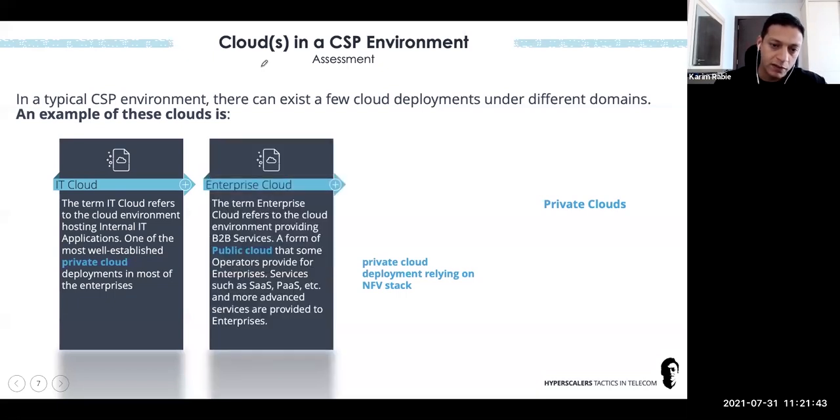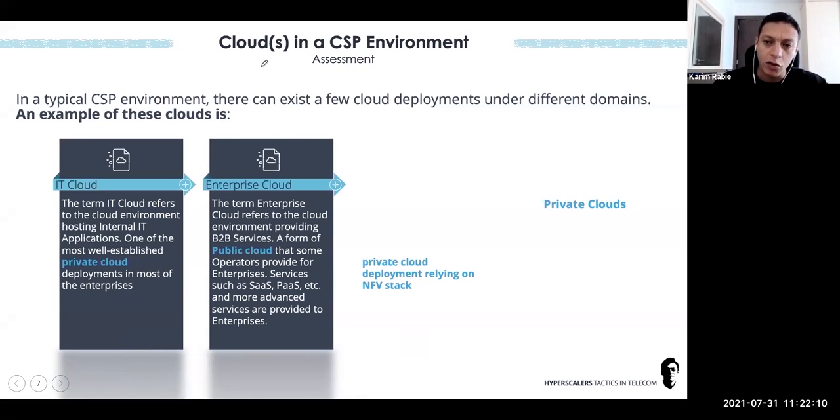The second type that you always see in the operators or the CSP is something called the enterprise cloud. The enterprise cloud is the attempt from the operators to have a flavor of a public cloud that can be provided to their enterprise customers, offering B2B services. And it varies. They can offer infrastructure as a service, platform as a service, even software as a service.